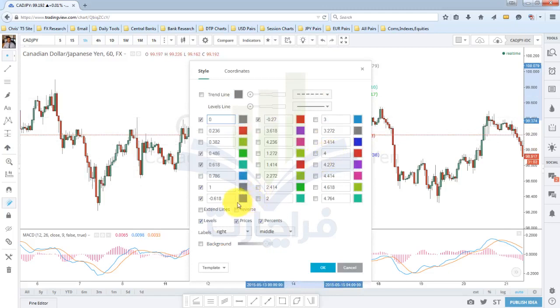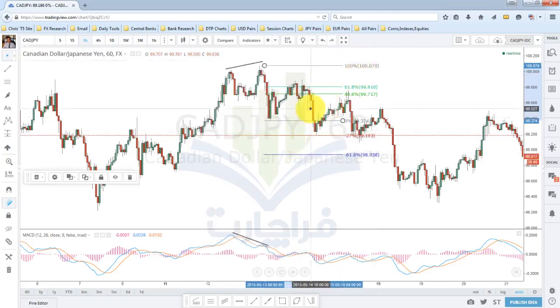So if I'm setting mine up here, you can see I have the negative numbers for the extensions, minus 0.27, minus 0.618. Those are my extensions that you see here. Here are the regular retracements, the 50, the 62. On the other side of this zero line are the extensions.